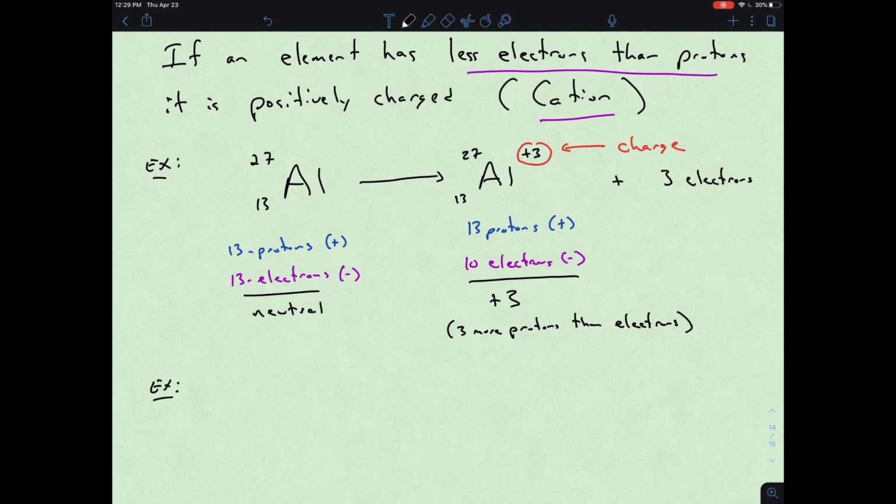Another example would be looking at maybe chlorine. Chlorine 36. Chlorine has an atomic number of 17. And we could go to chloride, where we have now a -1 charge.